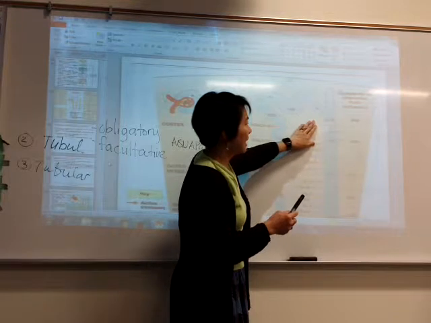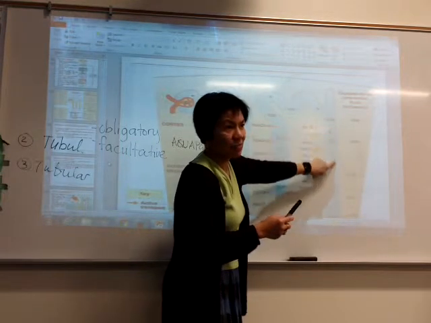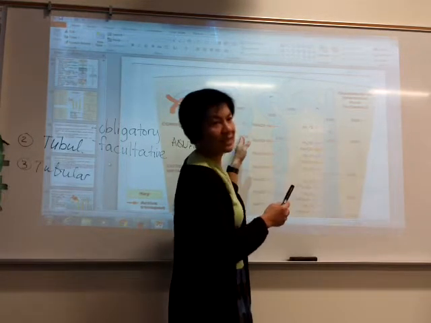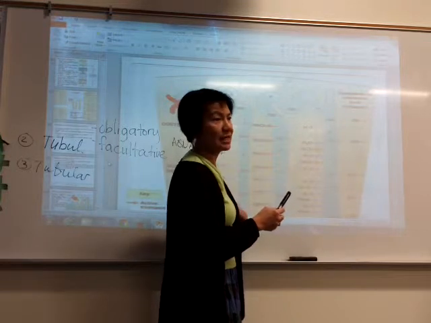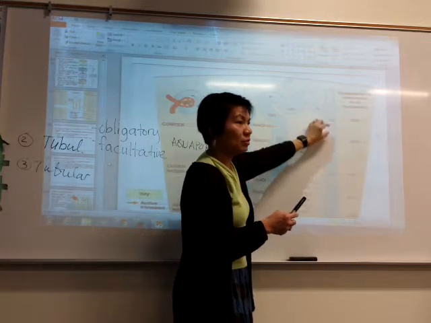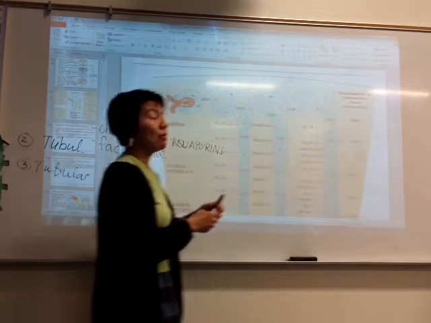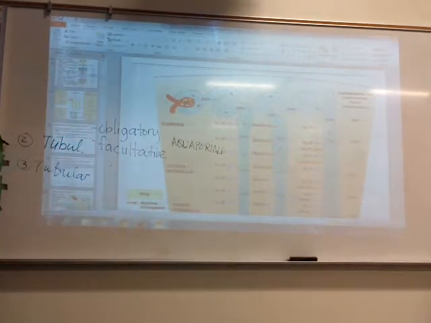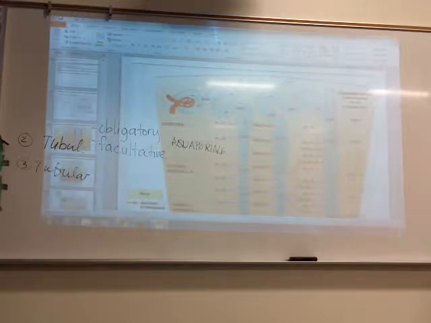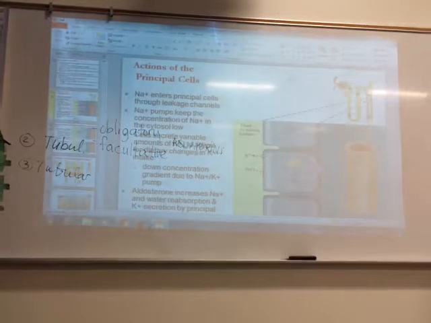So the antidiuretic hormone targets this one. It won't target this one, because it's always open already. It will target this to open up more aquaporins and reabsorb your water. So let's look at how that reabsorption of nutrients happens.